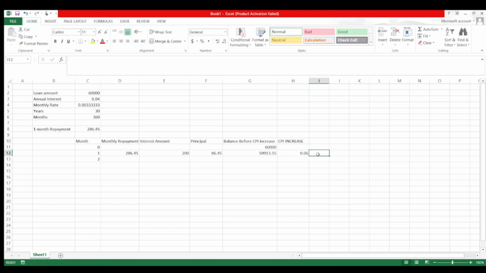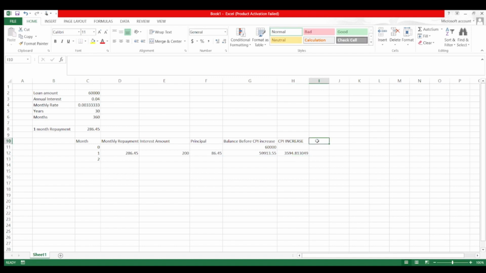For us to get the balance, let's just get the actual amount, which equals 0.06 multiplied by the loan balance.